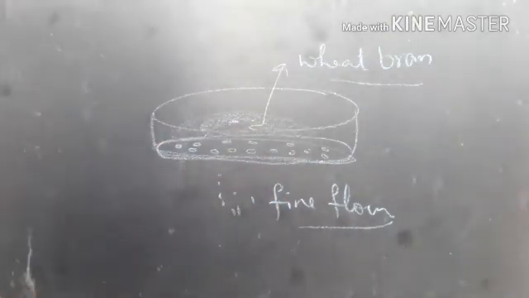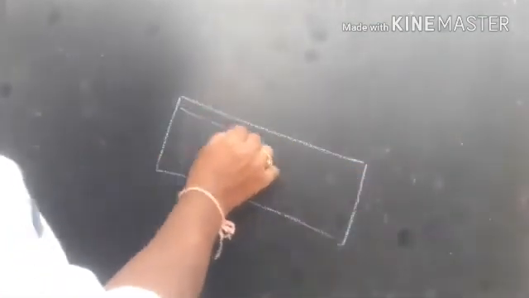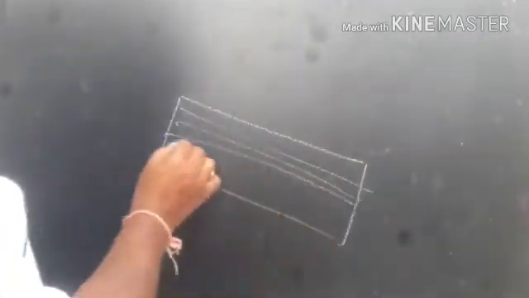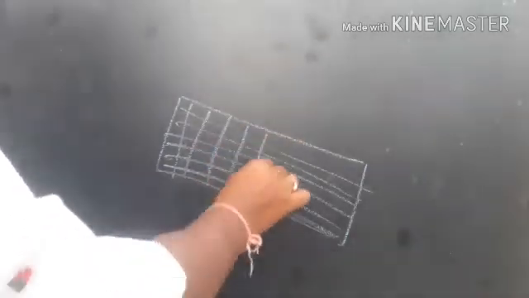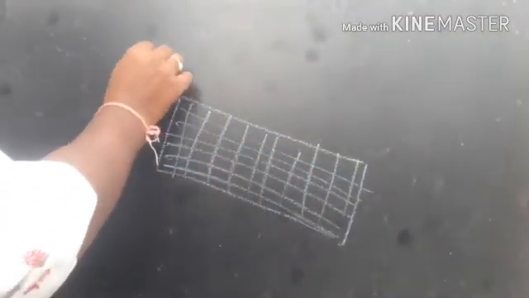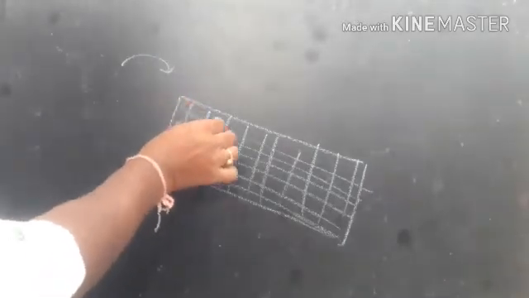We can also use a sieve to separate fine sand from coarse sand. This mesh is made of iron, an iron sieve, over which the builder runs the sand.